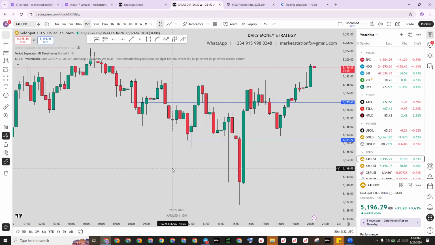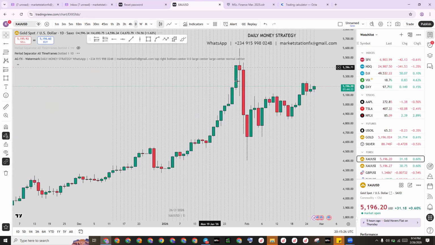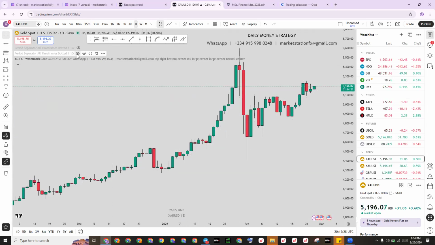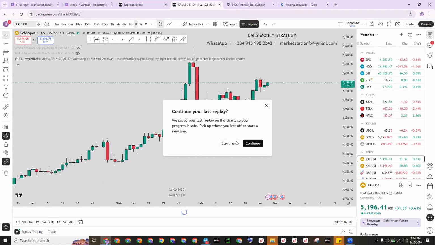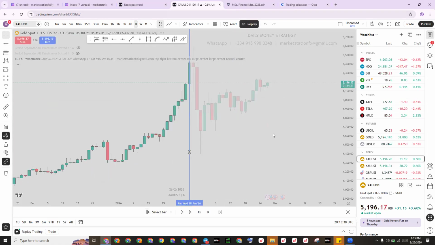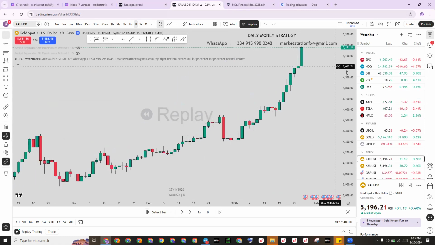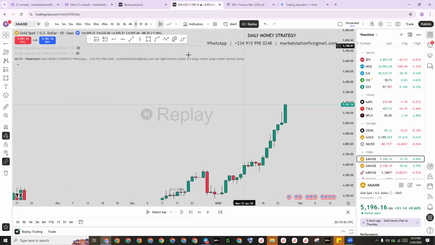Let me go to a higher time frame so that we see. Can you see this candle? Now, look at this place. Did this candle raid or close above? Closed above.